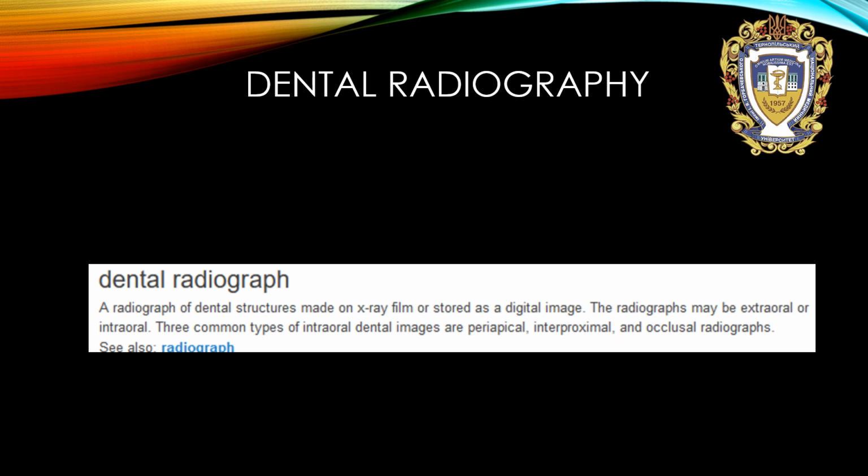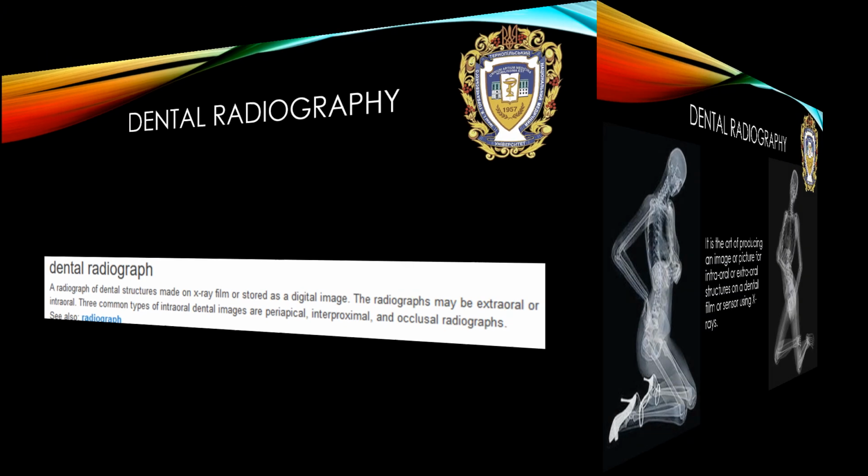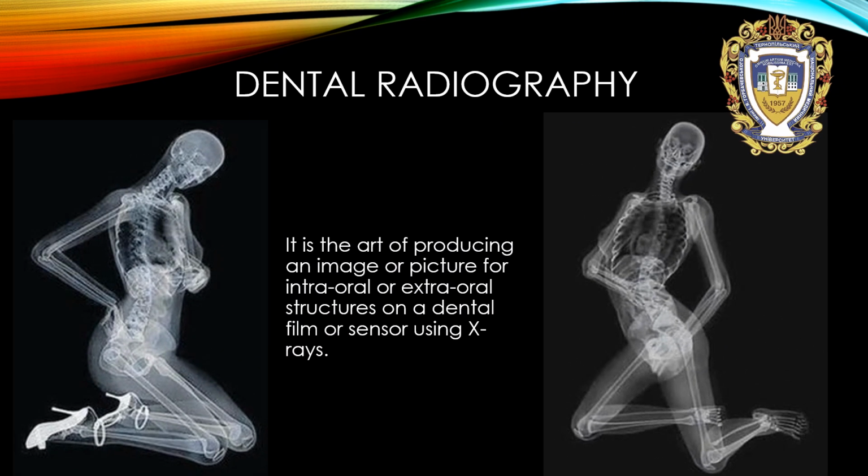Three common types of intraoral dental images are periapical, interproximal, and occlusal radiographs. Moreover, dental radiography is the art of producing an image or picture of intraoral or extraoral structures on a dental film or sensor using X-rays.